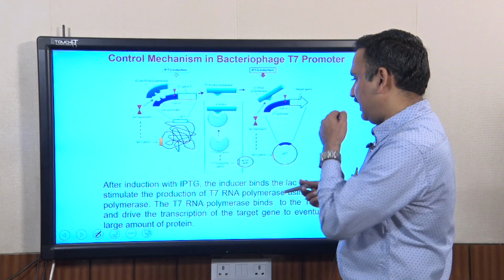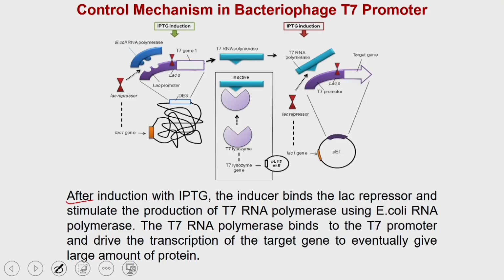What we are trying to say is, once you do the induction with IPTG, the inducer binds to the lac repressor and stimulates the production of T7 RNA polymerase using the E. coli RNA polymerase.